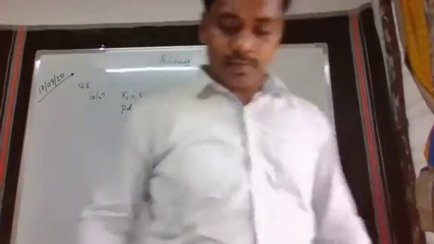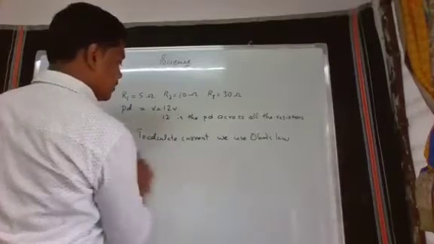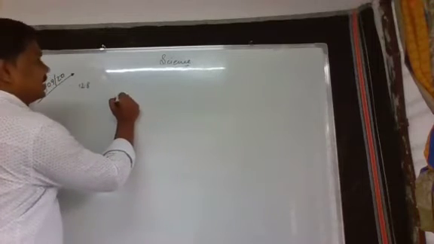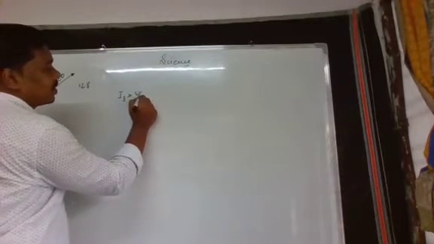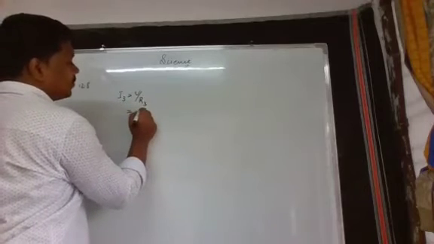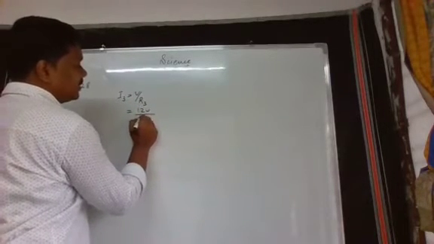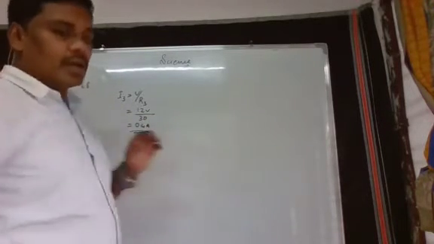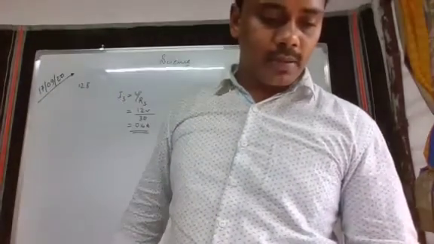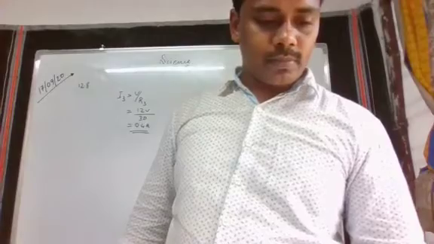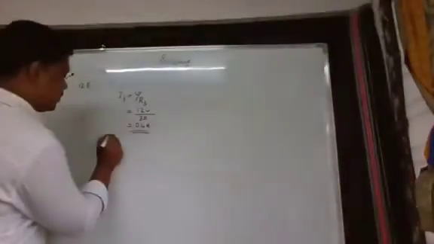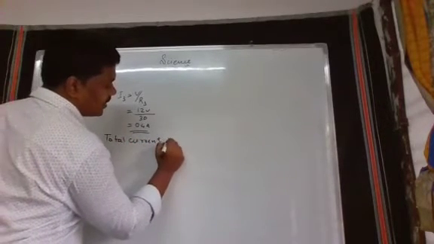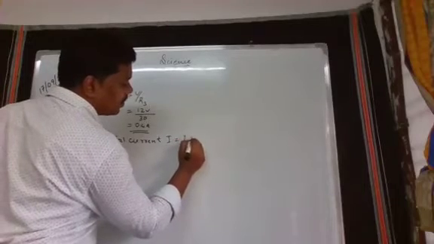And what about I3? I3 is equal to V by R3, which is 12 volt by 30. So we will get 0.4 ampere. And the current I, the total current, is equal to I1 plus I2 plus I3.